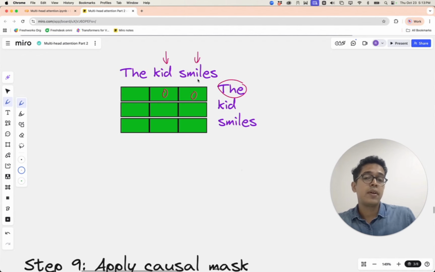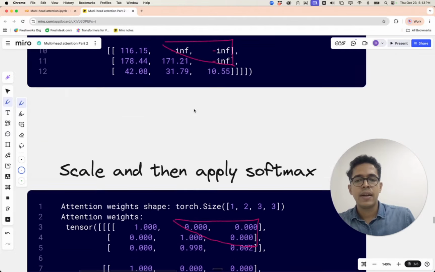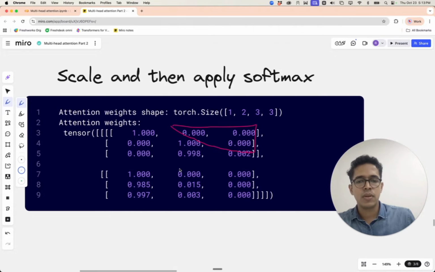So this should be 0. If query is smiles, it should pay attention to the kid and smiles. So the upper triangle, these 3 items should be 0. And you can see that those 3 are indeed 0 here. 0, 0, 0. These are also 0.